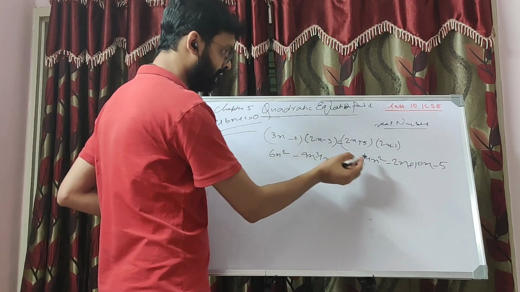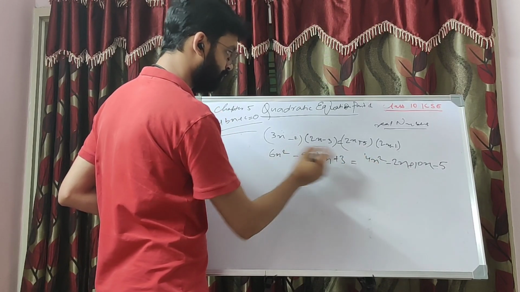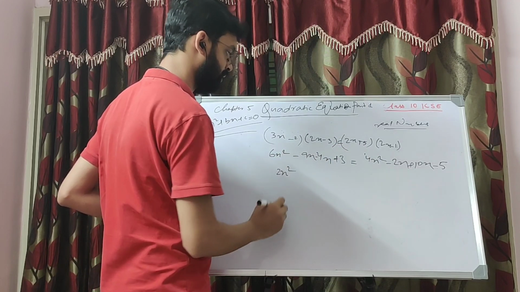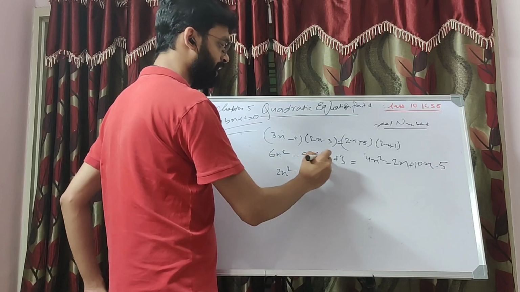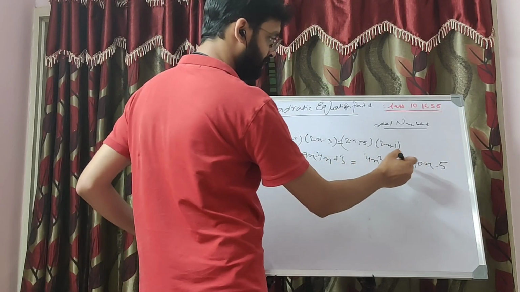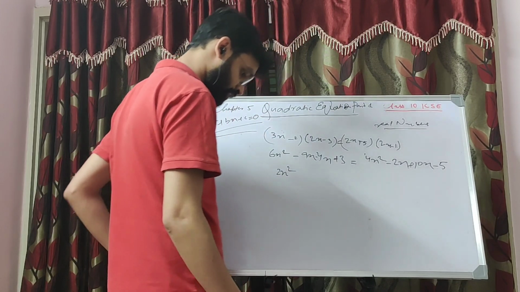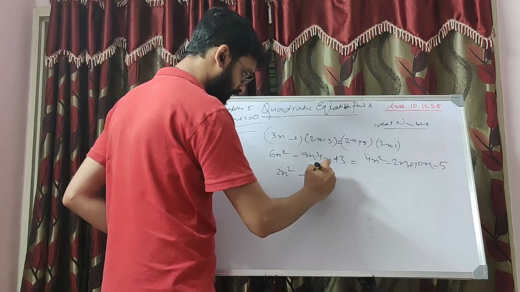If we further solve this equation, 4x square will come to this side, so 6x square minus 4x square is 2x square, and minus 9x minus 4x is minus 13x, and there is 10x minus 2x, that is 8x. So I get minus 21x.